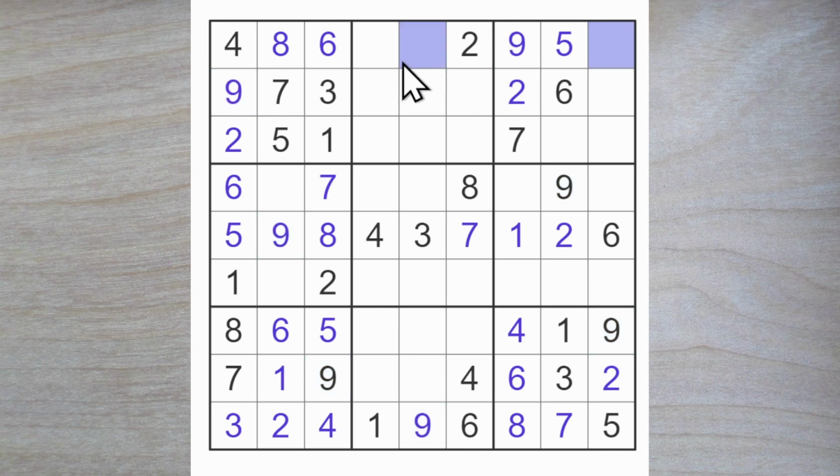So across here now 1, 3 and a 7. 7 must go here, here, but we knew that. Now we got 6 and 9, and we got 6 and 9. 6 and 9 must go in 2 of these 3 squares.